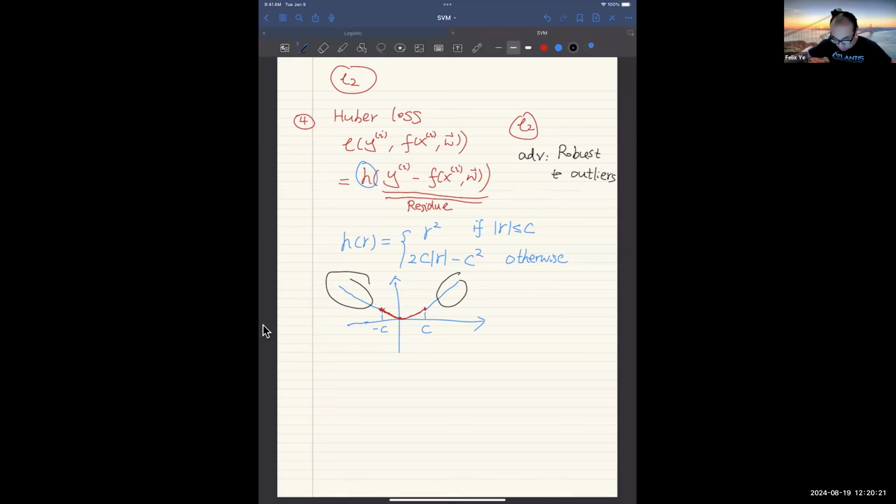They just increase linearly, and everything in the middle will be quadratic, because quadratic is smooth and differentiable, and we can always find the derivative. Also this function is differentiable on the boundary as well. So we take the advantage of both the quadratic and the linear. It's robust to outliers, and it's differentiable everywhere.